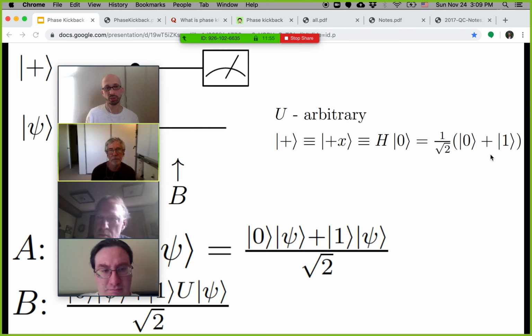And we can get to this by applying the Hadamard gate to state 0.